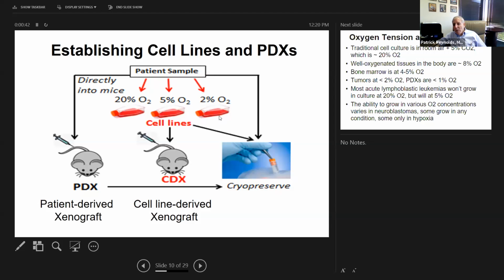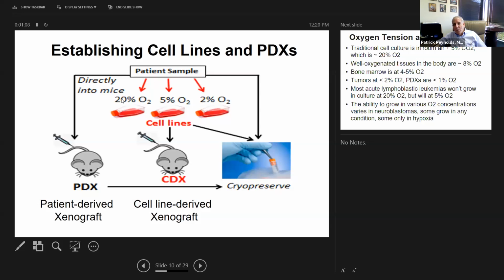And then trying to replicate what's in tumors, and it varies a large amount across the tumors, but just picking 2%, 10-fold less than 20%, this is what we went with. And you'll see there are some differences in this. But these 3 culture conditions, you'll see, have told us a lot about what people that are studying just these cells are getting. And it's only a fraction of what's out there in the patient.